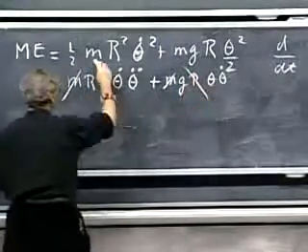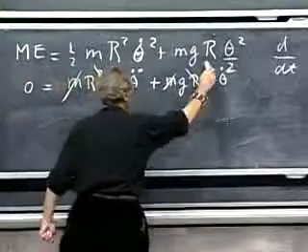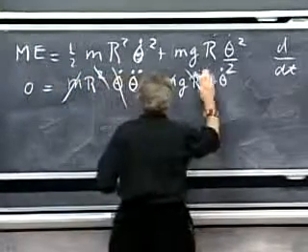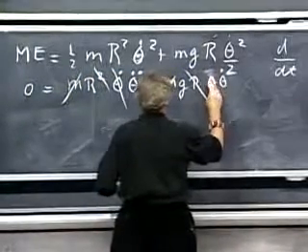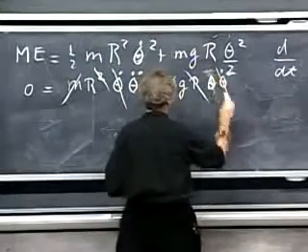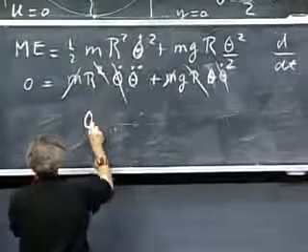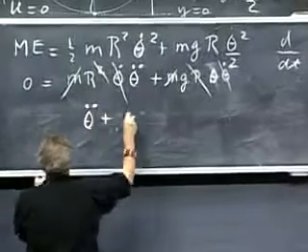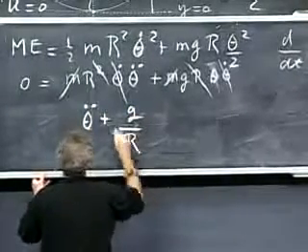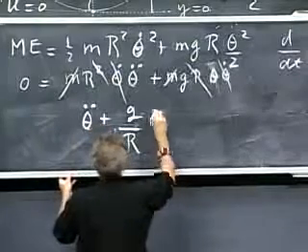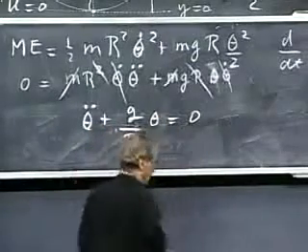I lose 1 r. I lose my theta dot. I picked the wrong one. I lose my theta dot, not the theta. And what do I find? That theta double dot plus g over r times theta equals 0.